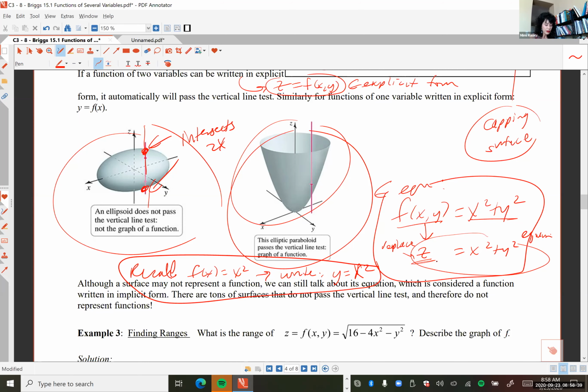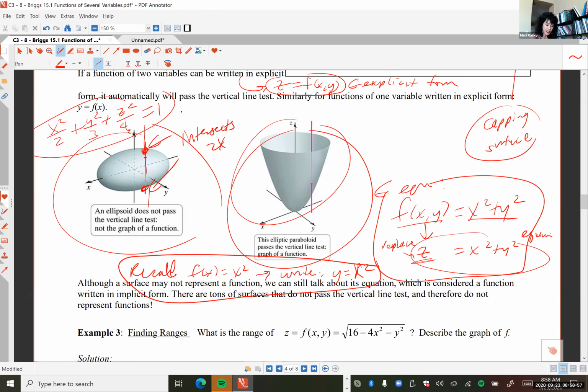Ellipsoids aren't as good, because if you recall, I can have an ellipsoid, say that x squared over 2 plus y squared over 3 plus z squared over 4 equals 1. There's an ellipsoid equation. You can solve this for z, certainly. But when you take the square root of both sides of an equation while you're trying to solve for z, what are you going to get? Plus or minus.